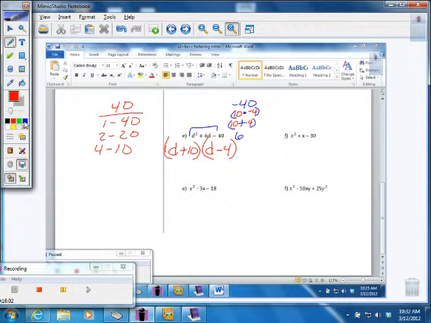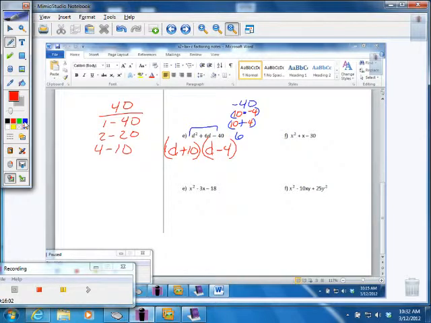Here's a little trick for you too. This is a little bit advanced. I was going to say this, but Vanessa, you kind of brought it up, so I'll give it to you. Here it is. When I multiply two numbers, if the signs are the same, then it's positive, whether it's two negatives or two positives. If the signs are different, then it's negative.